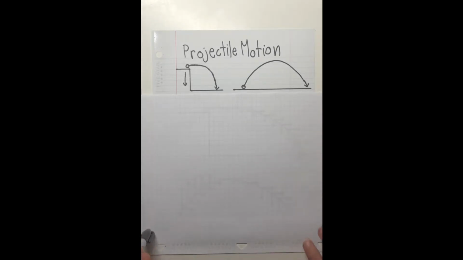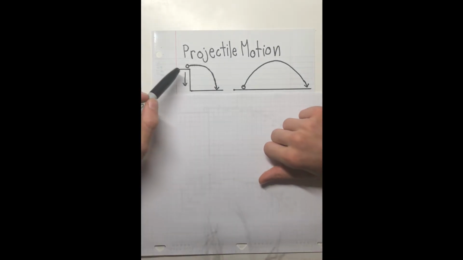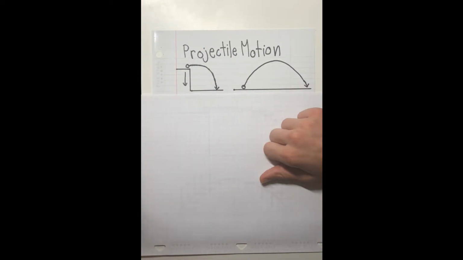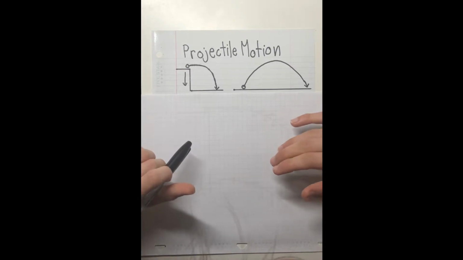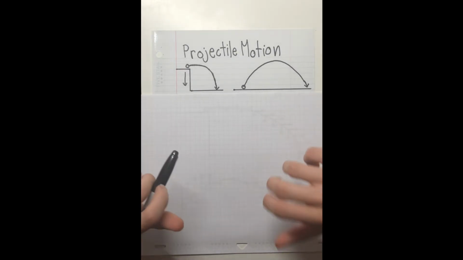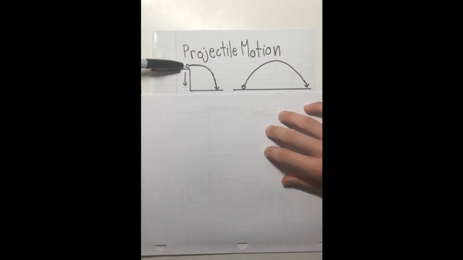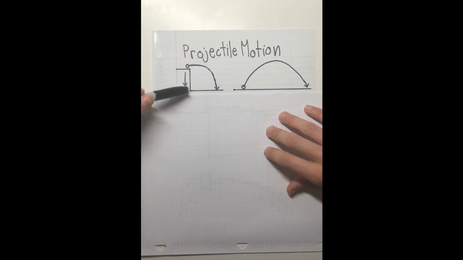So when projectile motion occurs, you'll notice that there's direction and movement in both the x and the y-axis, right here. And the best way that I have found to be able to conceptualize and work with projectile motion, not even using the equations, but really just thinking about it, is to separate the motion into its component parts of motion in the x direction and motion in the y direction.